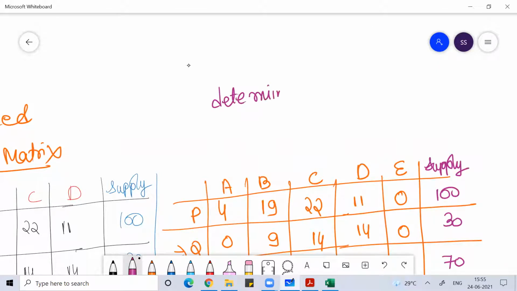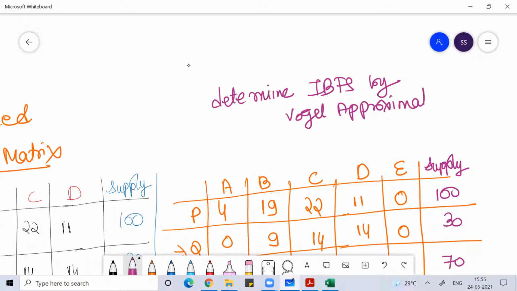I'll try to determine the initial basic feasible solution by the Vogel approximation method.